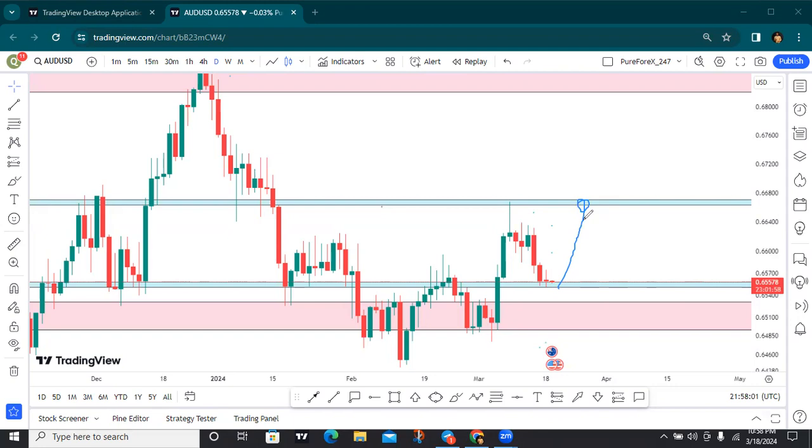Like I said, each time frame has its own zone of sensitivity. When the market breaks this zone, then we'll be looking for another opportunity to ride the market all the way to the weekly upper zone of sensitivity, guys. So let's get to the H4 time frame.